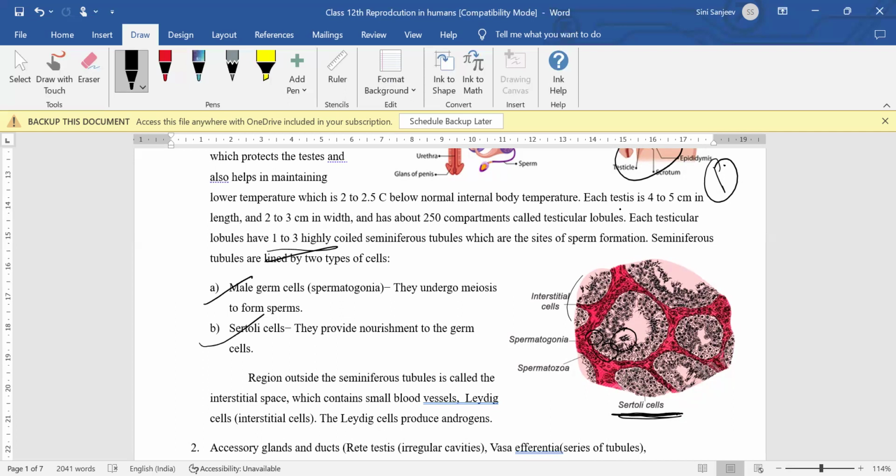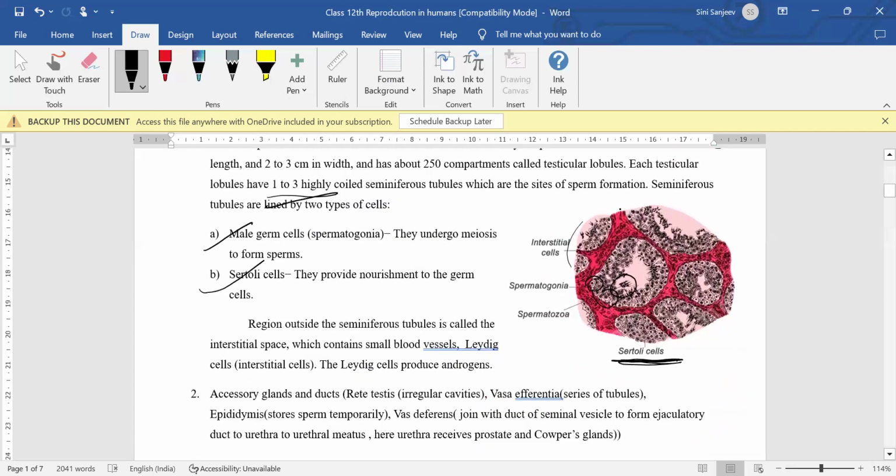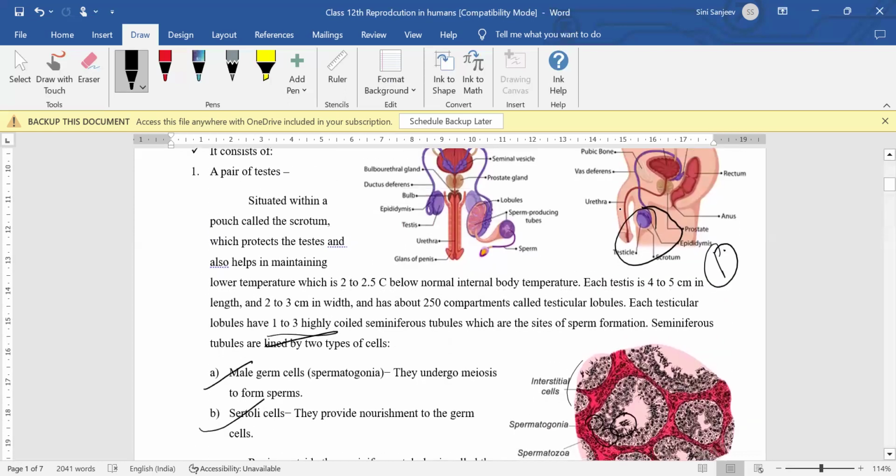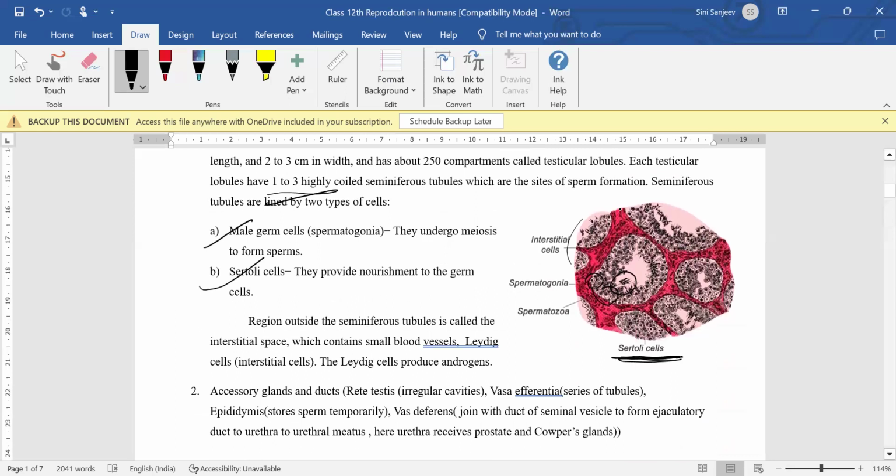Now, if you see on the outside region of the seminiferous tubule, we have something called the interstitial space. So if you see over here, this space is called the interstitial space. Now this interstitial space has lots of small blood vessels, and it also contains the Leydig cells.